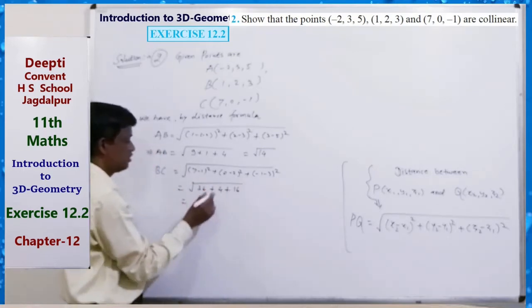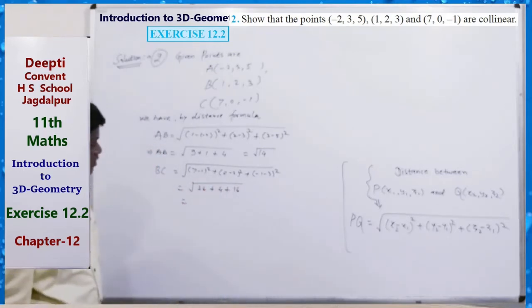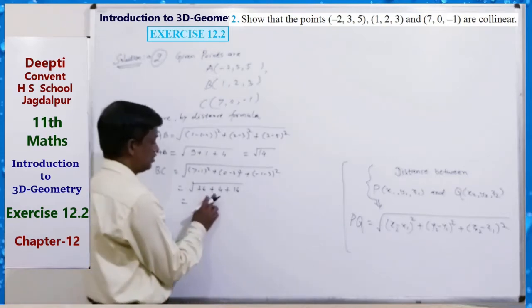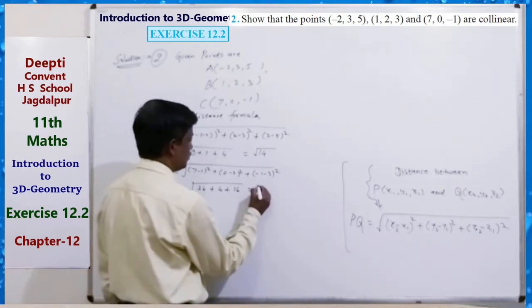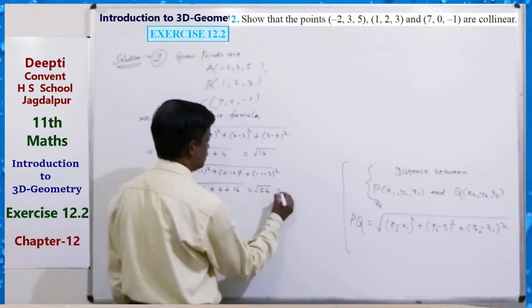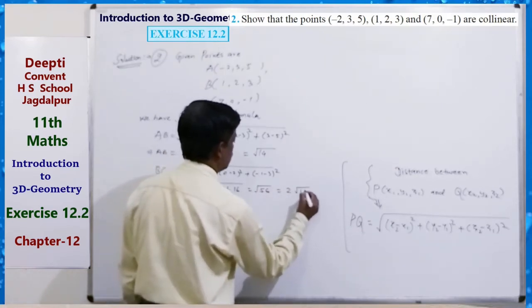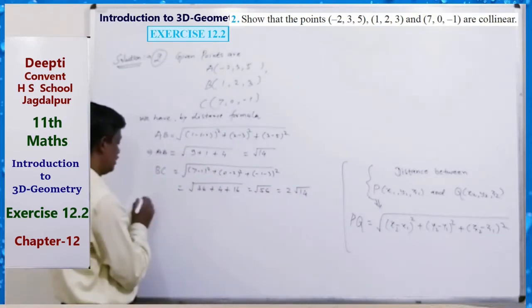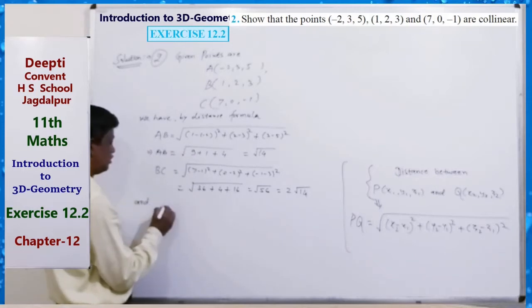So the value is 56, root 56, which you can write as 2 root 14.